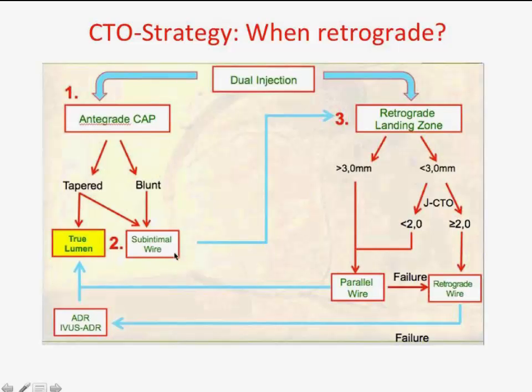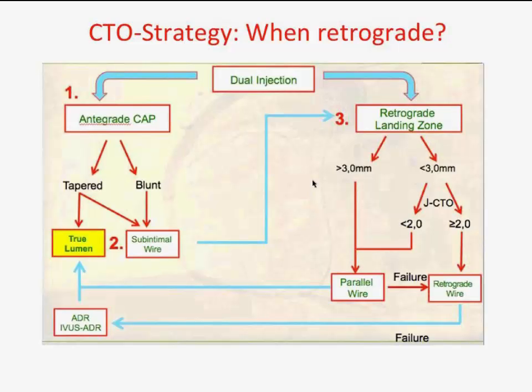When we are in the subintimal space beyond the distal cap, I'm always thinking about the retrograde landing zone. If the landing zone is big, more than 3 millimeters, it's worth trying a second wire. I know it's not so common anymore, probably also in the US, but we are still doing a lot of parallel wire technique.